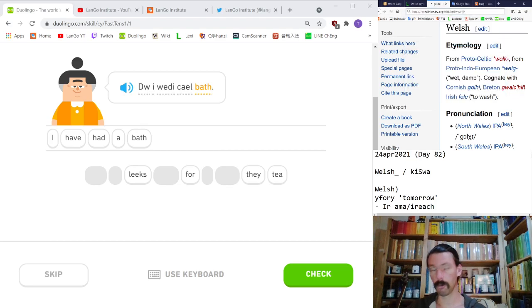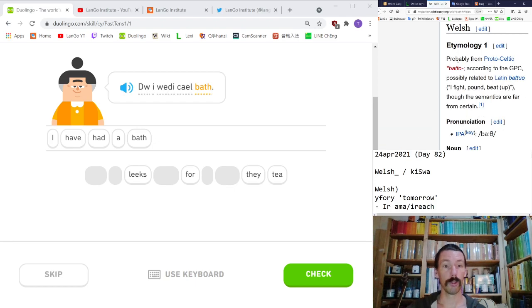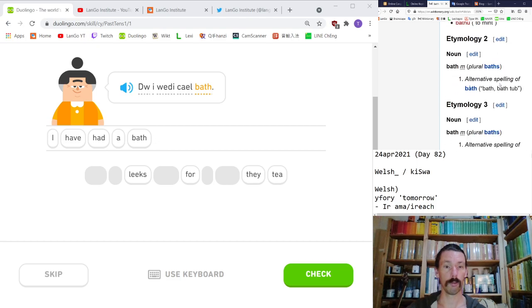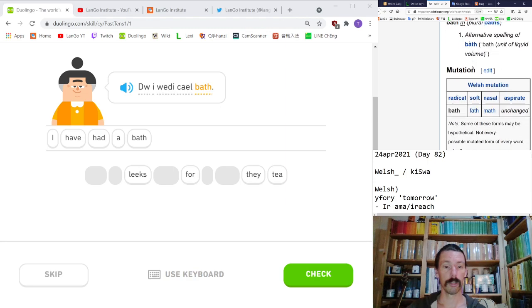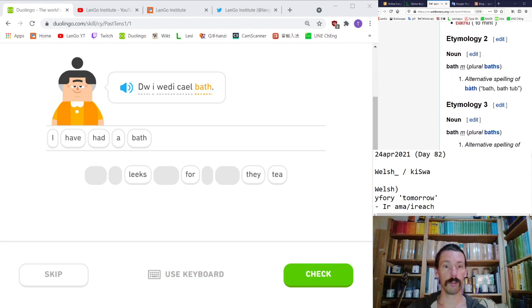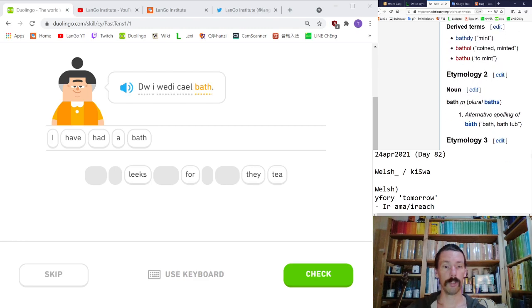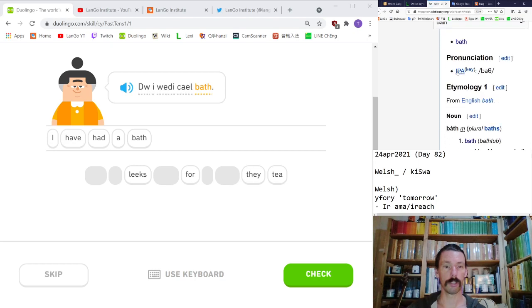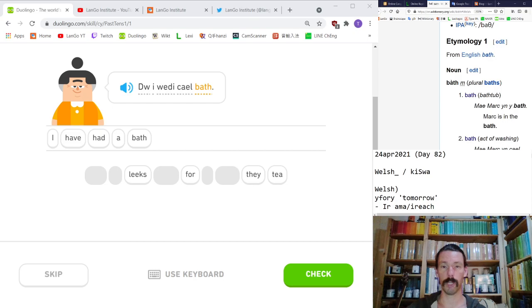Let's look up the origin, history of this Welsh word for bath. Proto-Celtic batto. Oh, this is not the same word. We want the word for bath, bathtub. Etymology 2, not really given. Oh, but then it links to this one. That's the thing from English bath. Wedi cael bath, I've had.